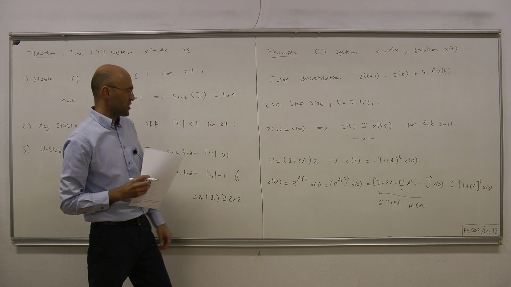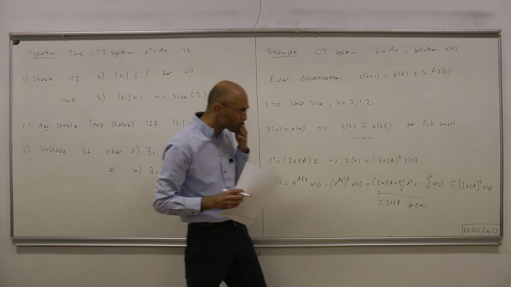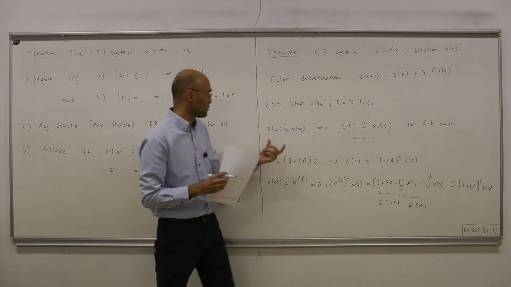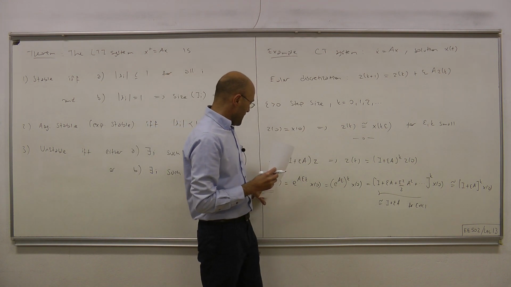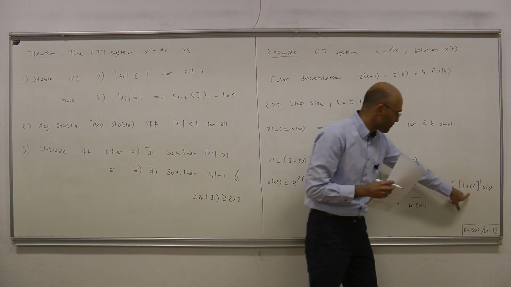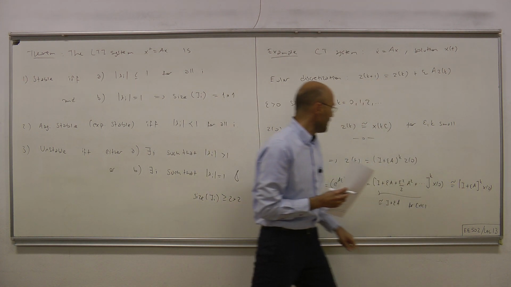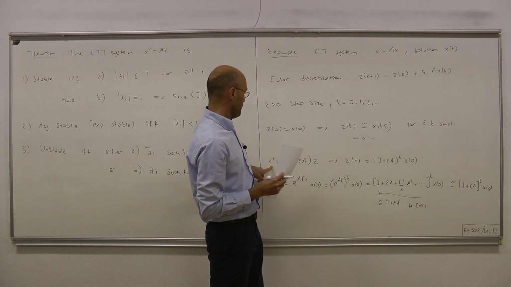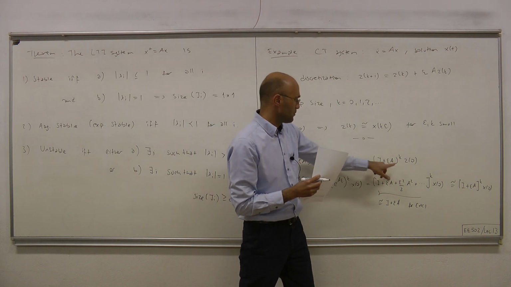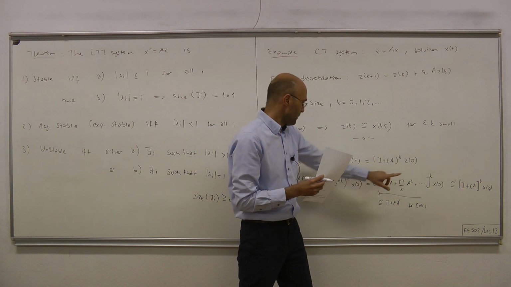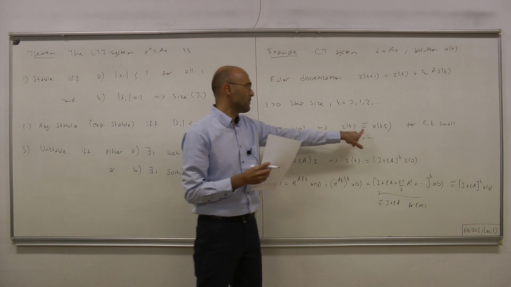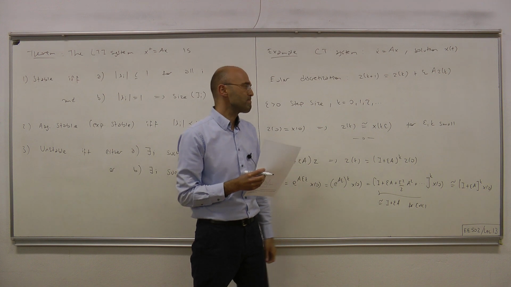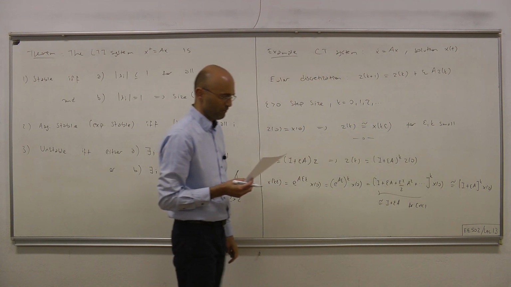Now it's clear that if you start two systems from the same initial conditions, z0 equals x0, x of k epsilon would be approximately equal to that, and z of k would be exactly equal to that. Therefore, the two solutions, z of k and x of k epsilon, would be close to one another, for epsilon and k small.